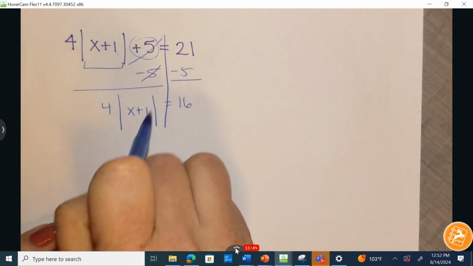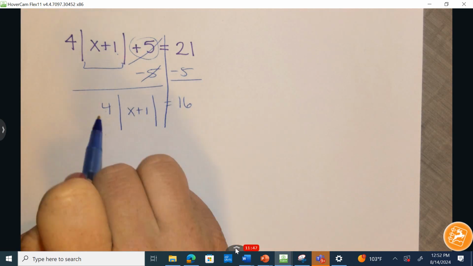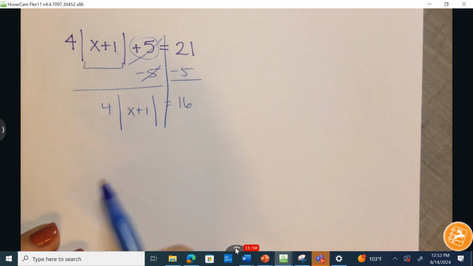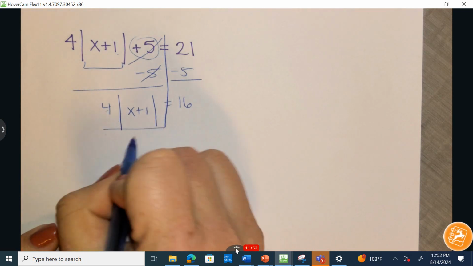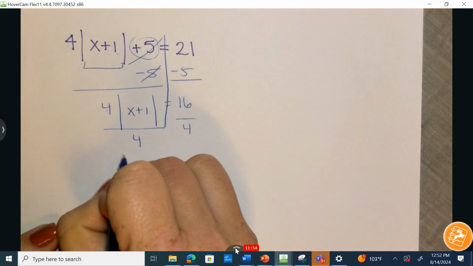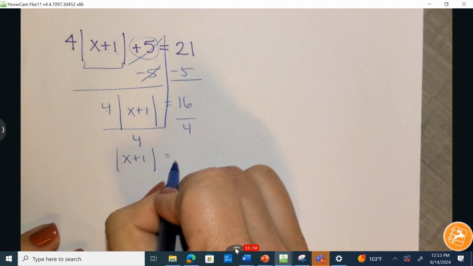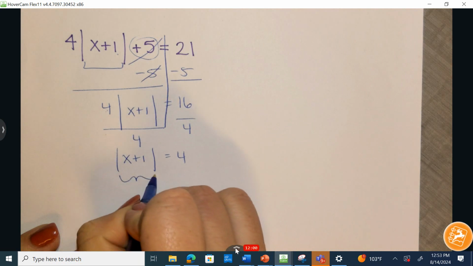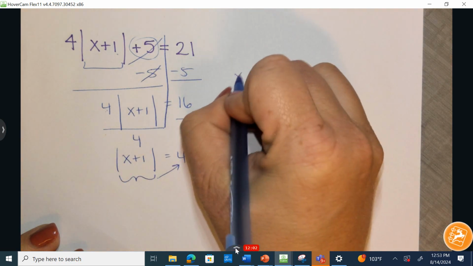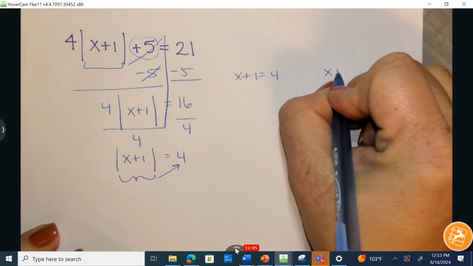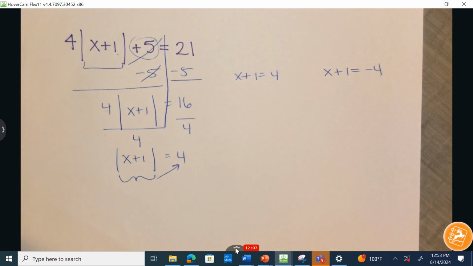Now the 4 is stuck with the absolute value of x plus 1. Opposite of being stuck. Stuck means to be multiplied. Opposite of multiplying by 4 is dividing by 4. And 16 divided by 4 is 4. Once this is by itself, I'm going to set it equal to both 4 in this case and to negative 4. This is a review from last week.